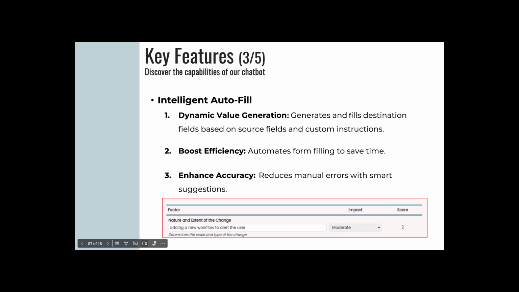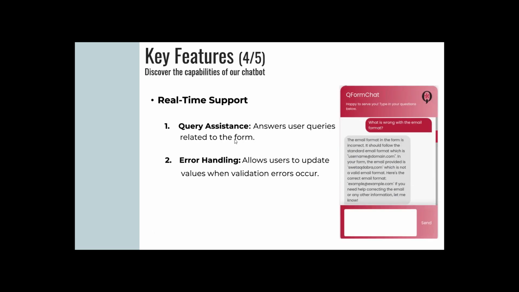So we are taking the source field and custom instructions that I will show in the config form, and the LLM model is generating based on the source value and the custom prompt, and we are getting the value for the destination field. So this is the intelligent autofill. And the next feature is real-time support.